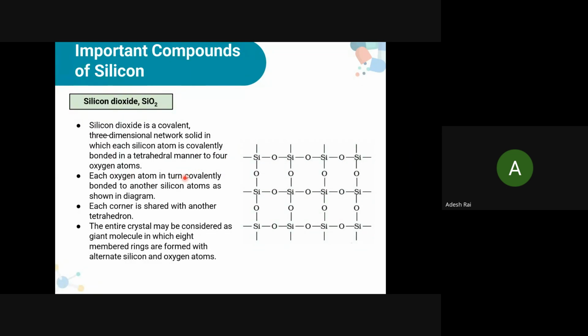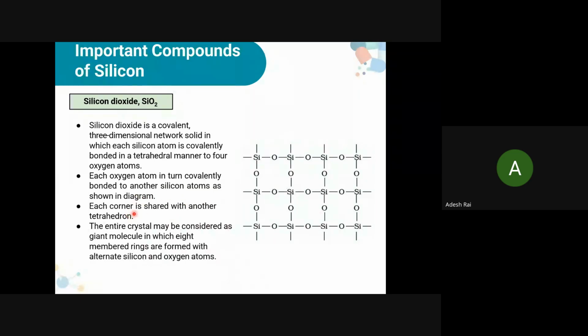Each oxygen atom in turn is covalently bonded to another silicon atom as shown in the diagram. Because oxygen valence is 2, it will have two bonds, one here, one there. So all the oxygen atoms are attached to two silicon atoms, and silicon is attached to four oxygen atoms. Is that clear?